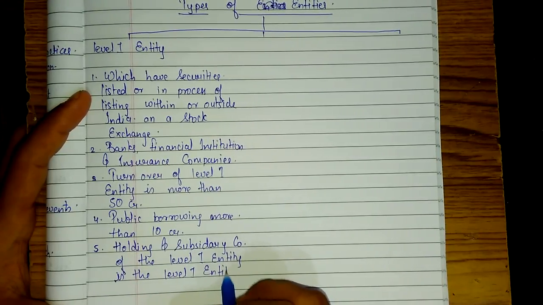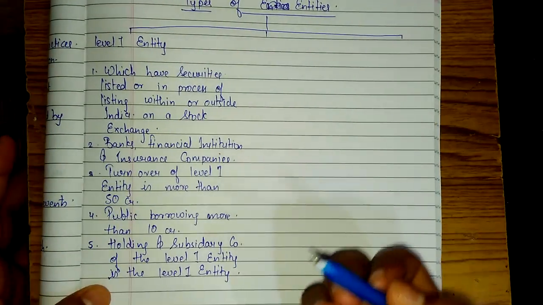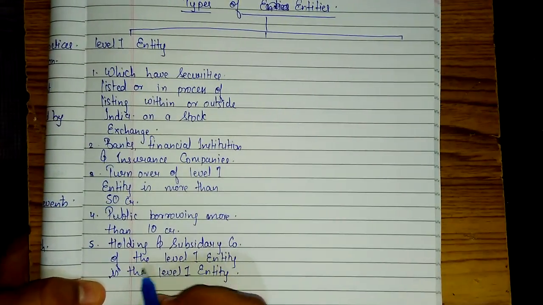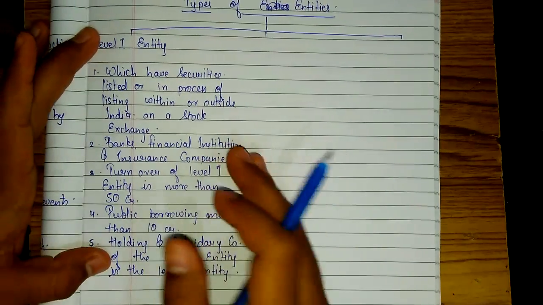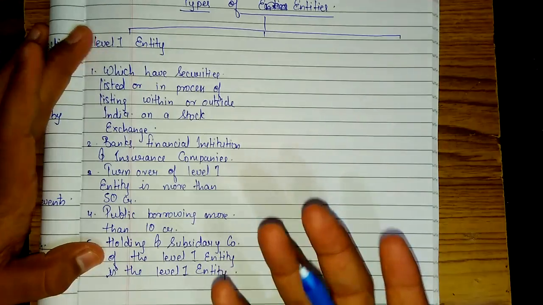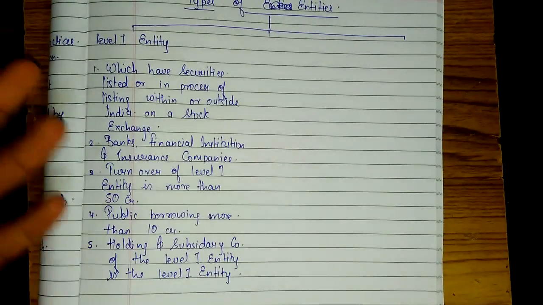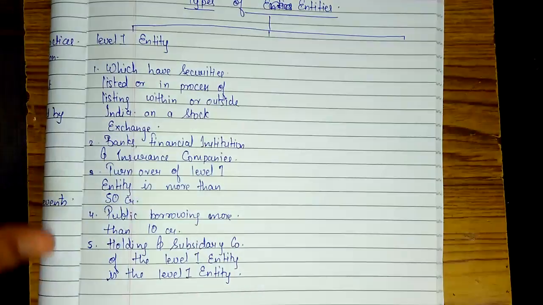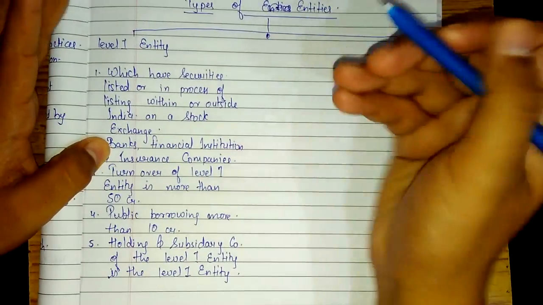I know this is very unpleasant to hear. Holding and subsidiary company of the level 1 company is a level 1 company. This is the theory. This theory is not given somewhere properly, so I have given in writing, and now I'll give level 2 entity. Then level 1 and level 2 entity will compare, and then we'll move on to level 3 entity. Level 3 entity is very small.